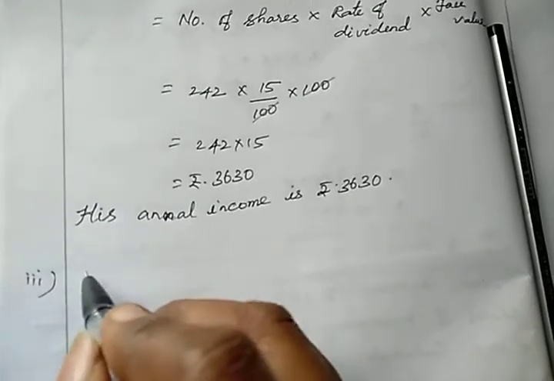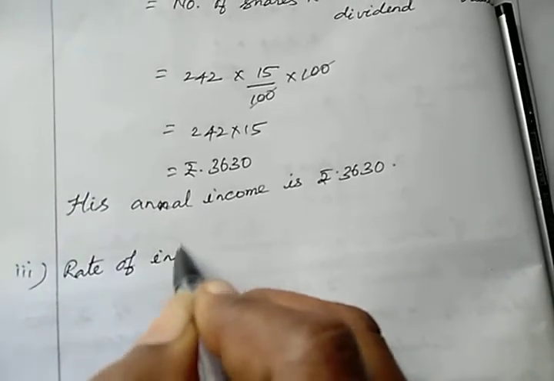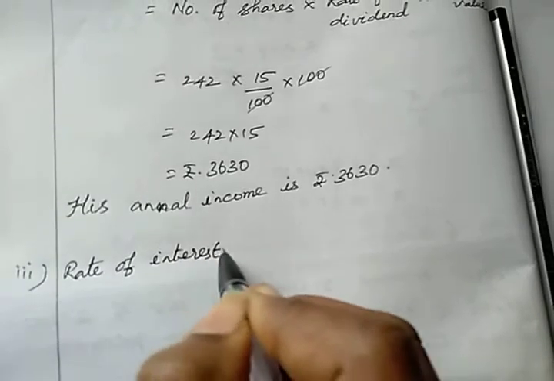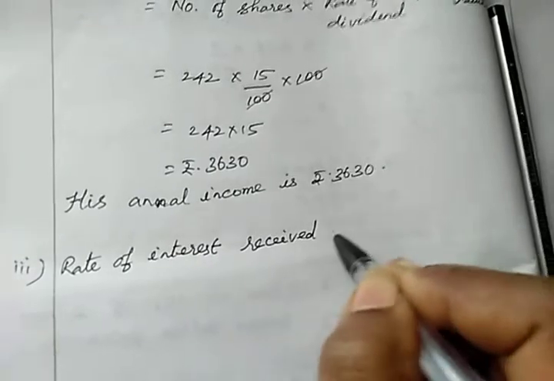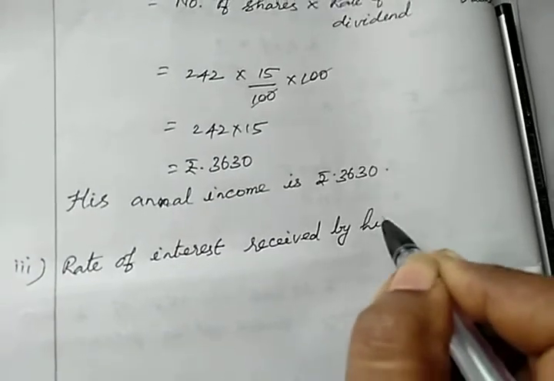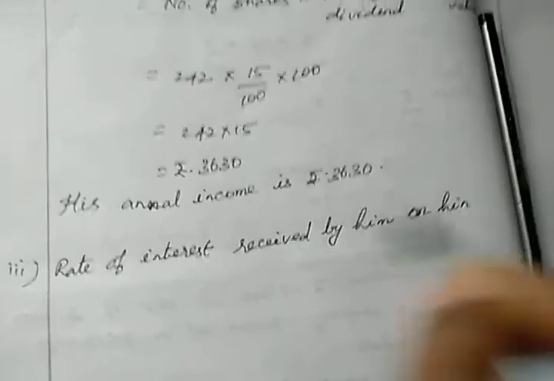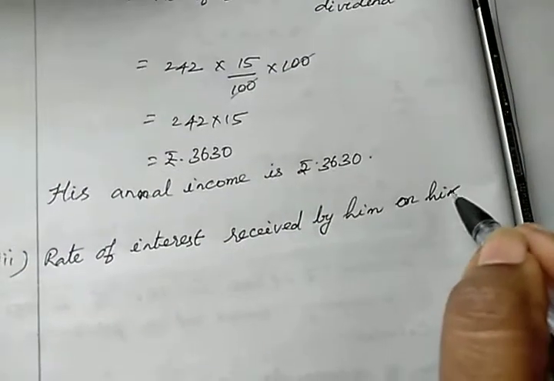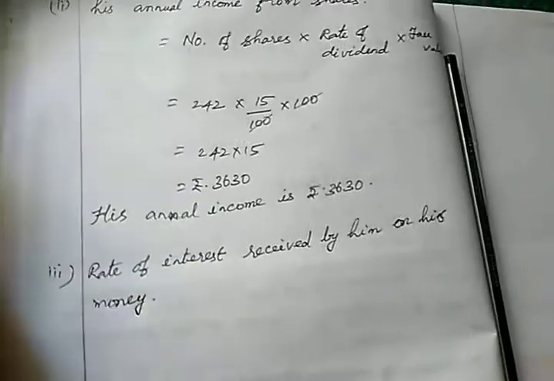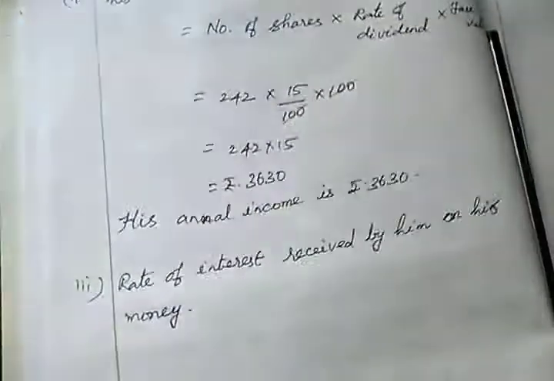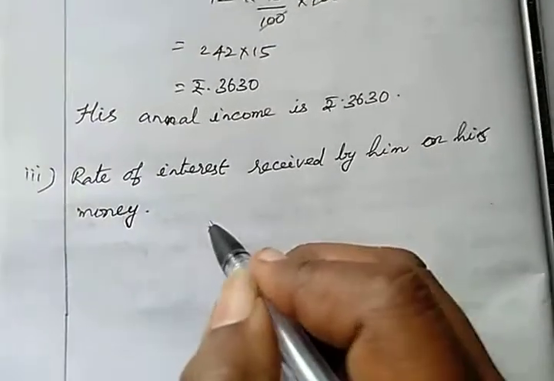Third subdivision is the rate of interest received by him on his money. On his money means the invested amount. Now the formula will be income divided by investment.